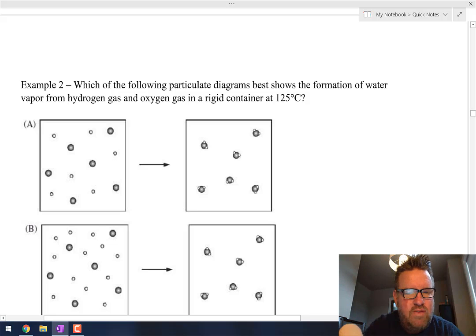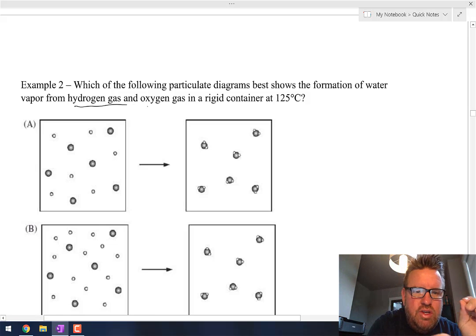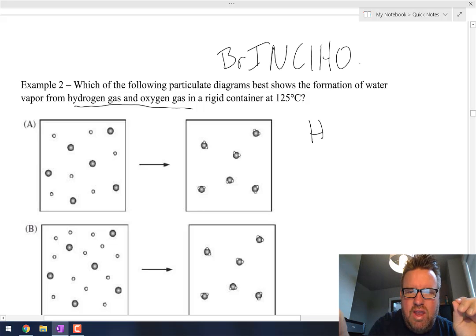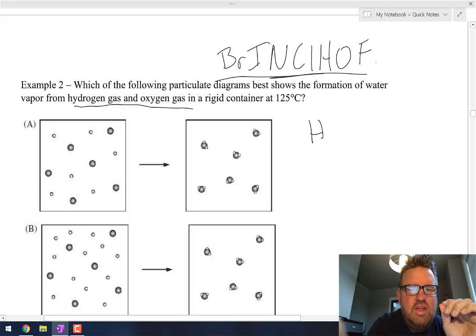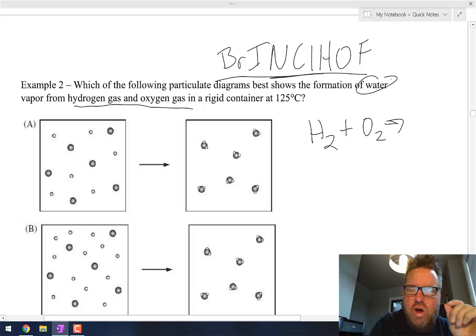Before you even start looking at your answers, you should think about what that balanced chemical equation is. That's really helpful. So hydrogen and oxygen gas. And don't forget about Brinkelhoff: anytime any of those elements are by themselves, there are always two of them. So it's H2 plus O2, and it's producing water, so it's making H2O.